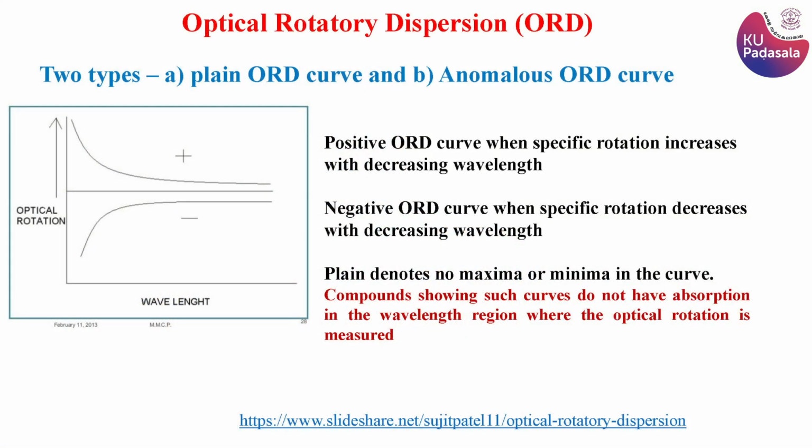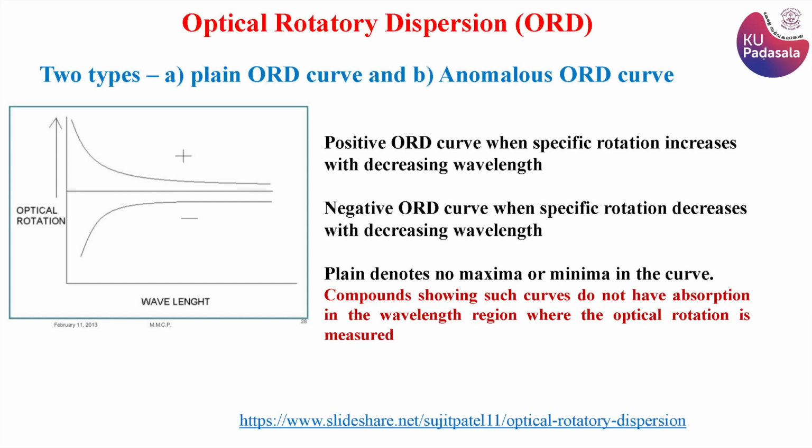We have already seen that optical rotatory dispersion is the variation of rotation with respect to wavelength. There can be two types of optical rotatory dispersion curves: plain ORD curves or anomalous ORD curves. The figure shows a plain ORD curve. In a plain ORD curve you do not have any peak or trough.